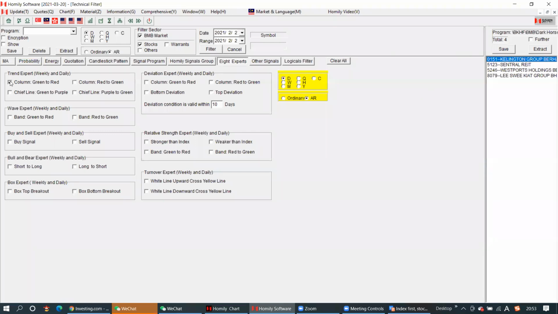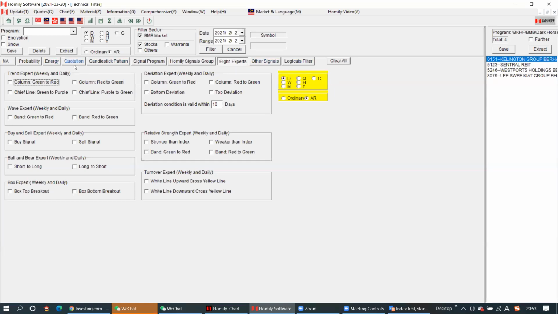Also, what I told you just now is actually for the short term. So today you tell me, okay, maybe I want to find a bottom cat signal here.